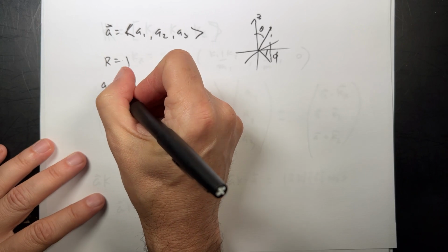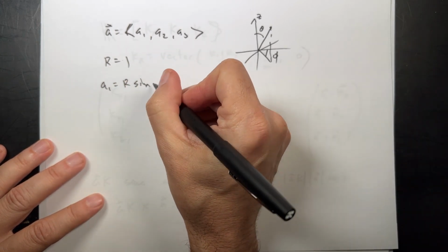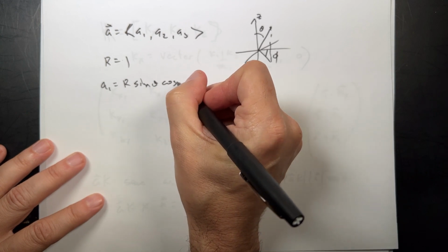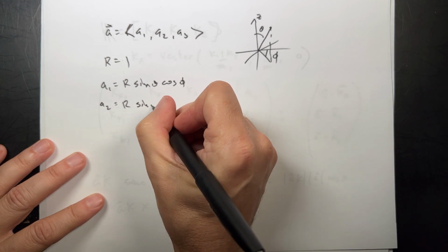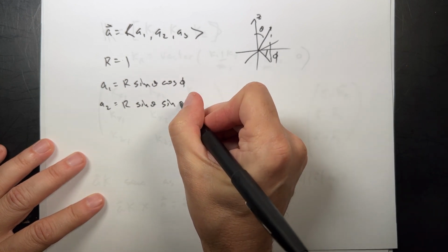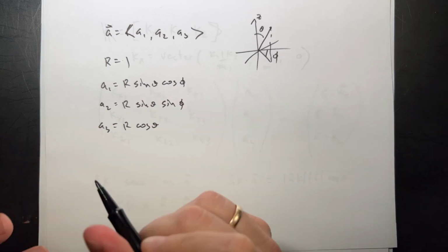So A1 would be R sine theta cosine phi. A2 is R sine theta sine phi. And A3 is R cosine theta. So I can find those.